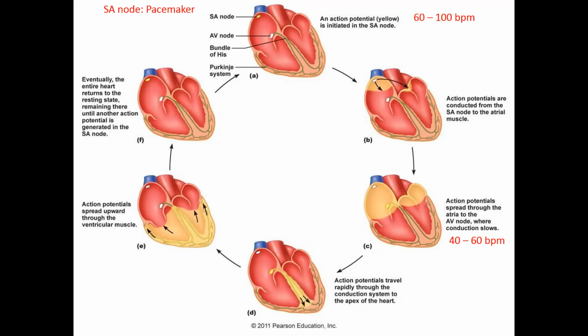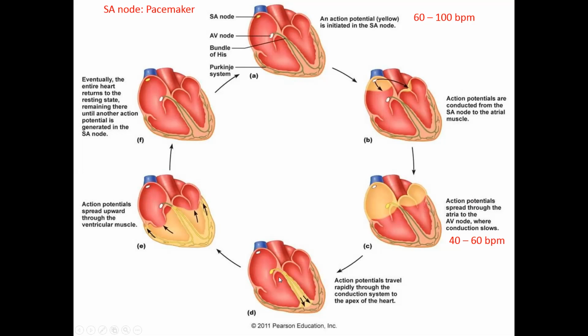And then, the SA node initiates a beat, the action potential occurs, and it depolarizes the atria. And then the beat goes down to the AV node, where it slows it down. So when it gets to the AV node, it slows down that beat to 40 to 60 beats per minute.